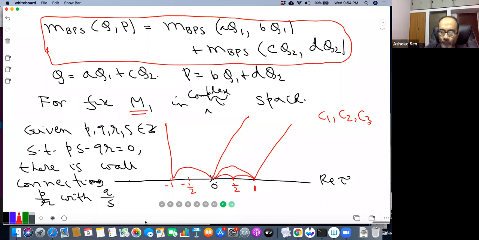The supergravity action requires that the horizon size is large, the curvature at the horizon is small, and that requires charges to be large. From the black hole side, you only have a large charge expansion. This pi square root of q square p square minus q dot p square is the leading term, and then there is an order charge to the 0 term, an order charge to the -2 term, and so on. In fact, charge to the -2 terms have not been computed from the macroscopic side.